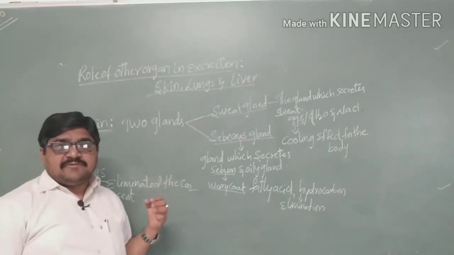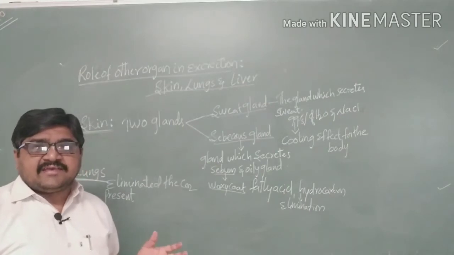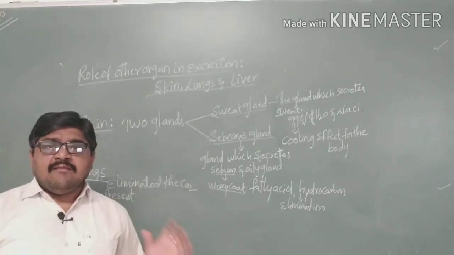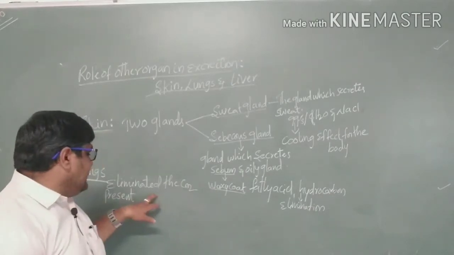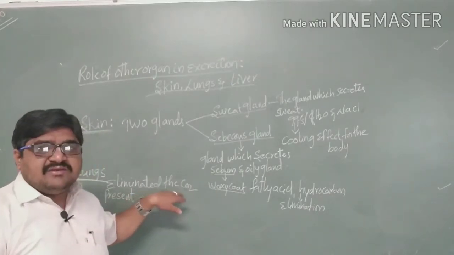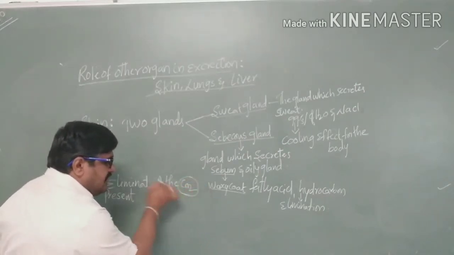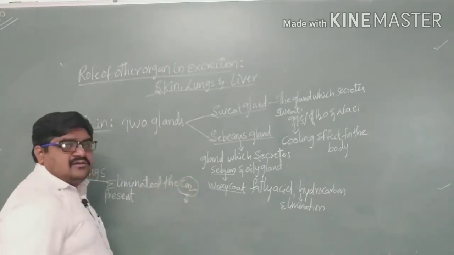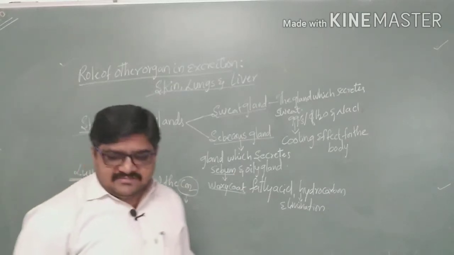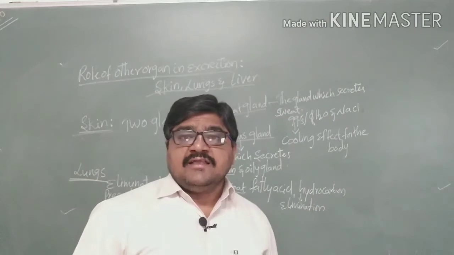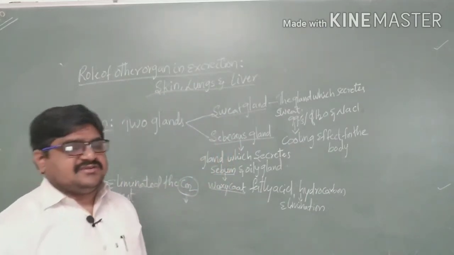Through the expiration process, the carbon dioxide is sent outside of the body, so the waste material is excreted in the form of carbon dioxide. So the lungs also play a very important role in excretion.